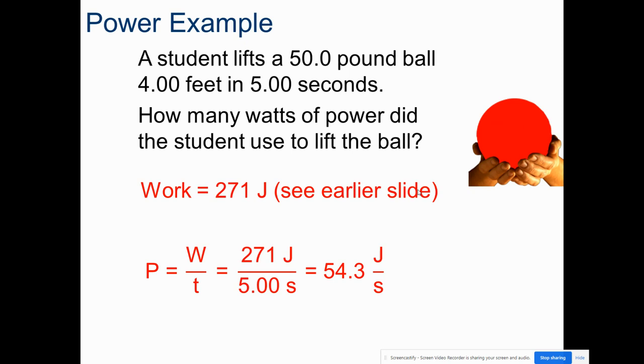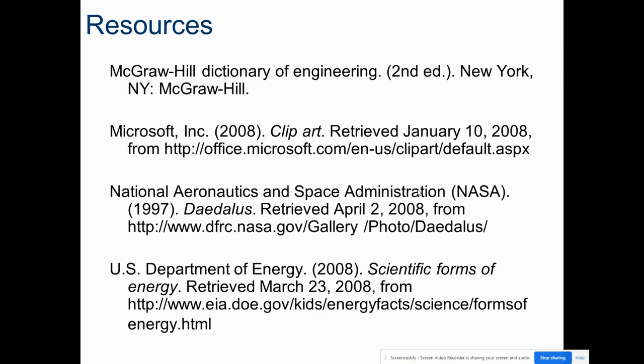So it becomes 54.3 joules per second, which in turn is equal to 54.3 watts. All right, so that's where we have power in watts. And that's that.